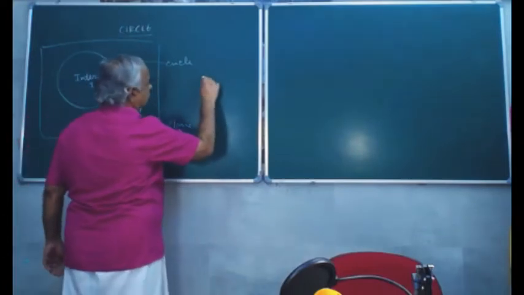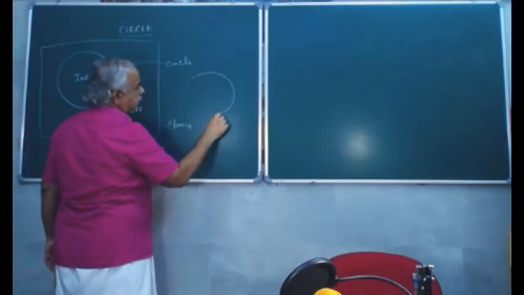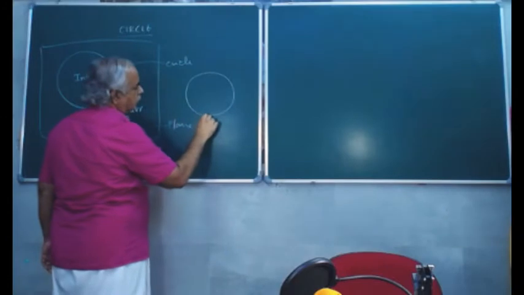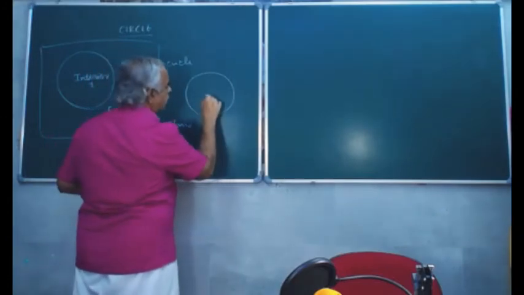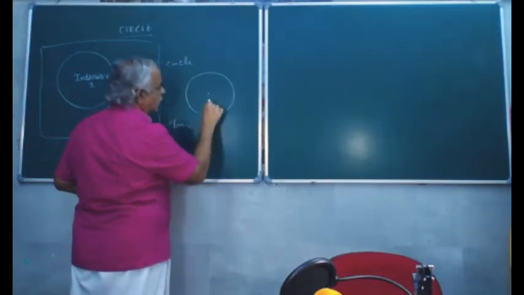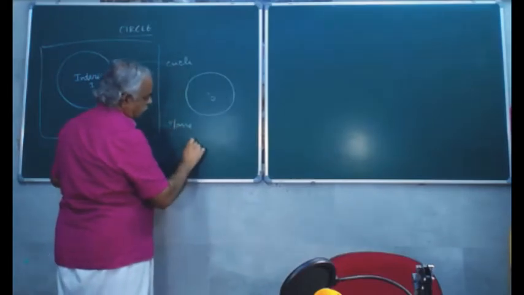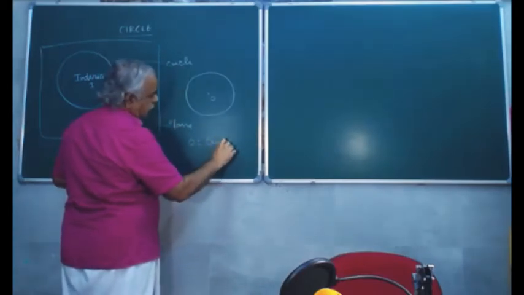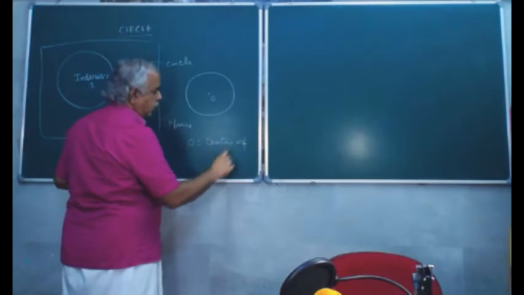Let us discuss the various parts of the circle. Let me consider O as the center of the circle.